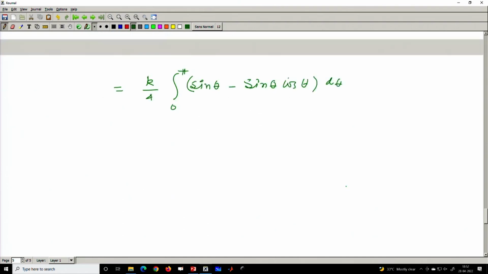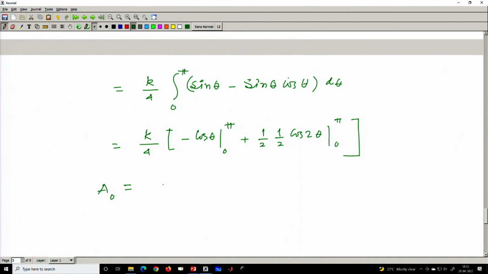This is a very straightforward integration, and I have k by 4, and then this integration is minus cos theta, which we need to evaluate from 0 to pi, and then minus half of sin 2 theta, which gives cos 2 theta with a negative sign, so this should be plus, evaluated between 0 and pi.